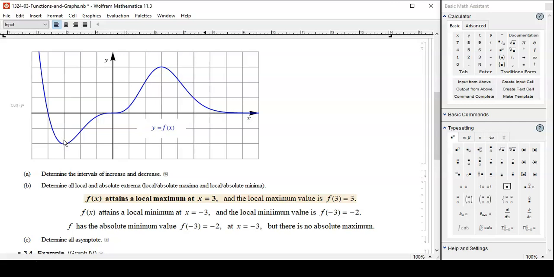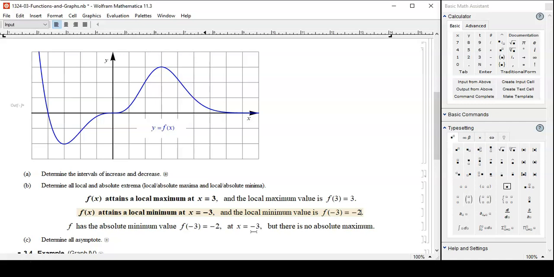Now, how about this one? It attains local minimum at x equal to -3, right here. And then the local minimum value is, oh, excuse me, there is a typo. The local minimum value is -2. That's the y-coordinate value. Among those, the absolute minimum is right here.